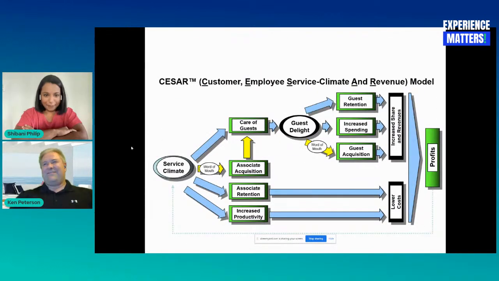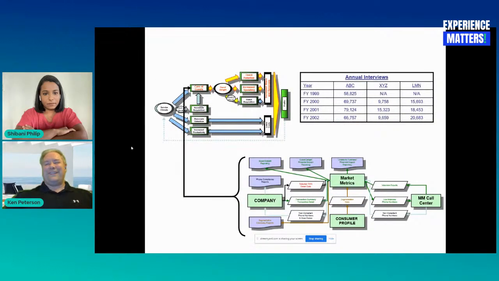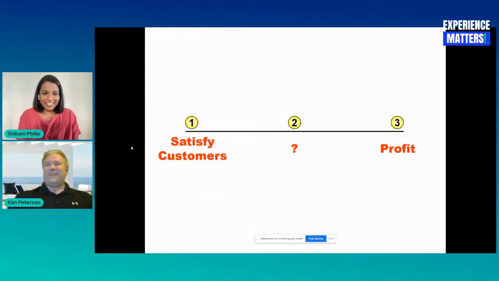Even when we look at this model, each one of these actually has a component that is so much more than even that one huge model. This was our ROI model in 1998 when we first rolled it out with a company I was with. It looks complicated, but what we're trying to answer is, does satisfying customers equal profit?